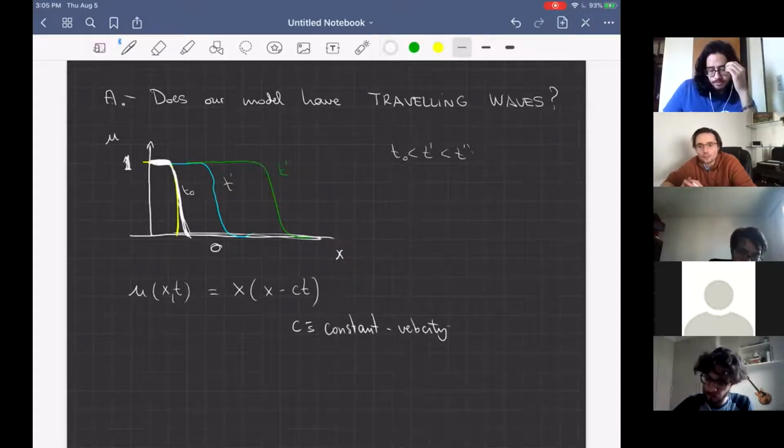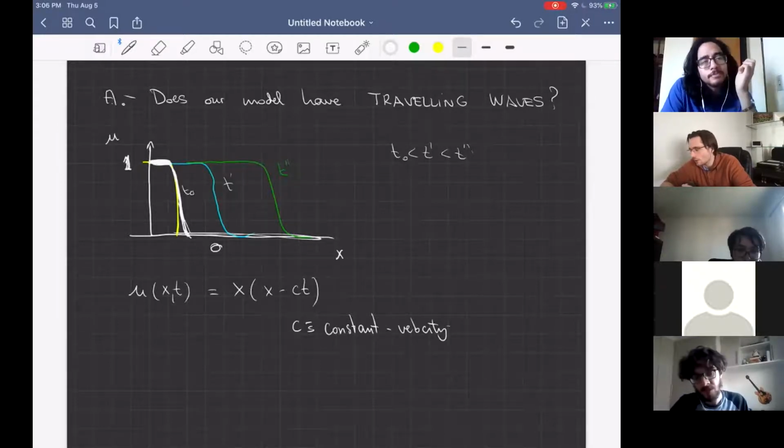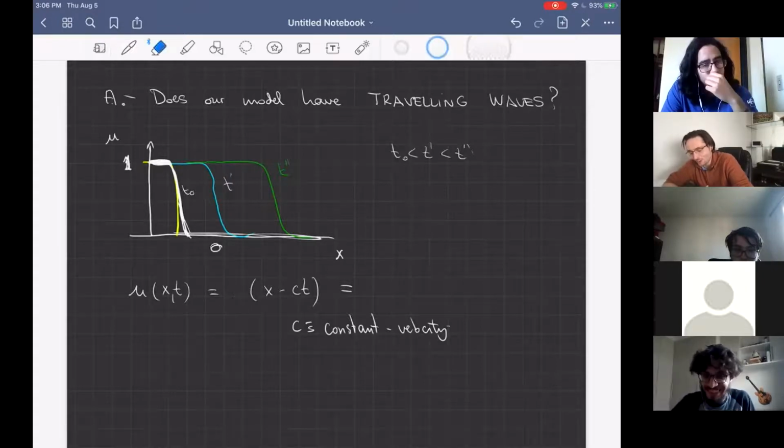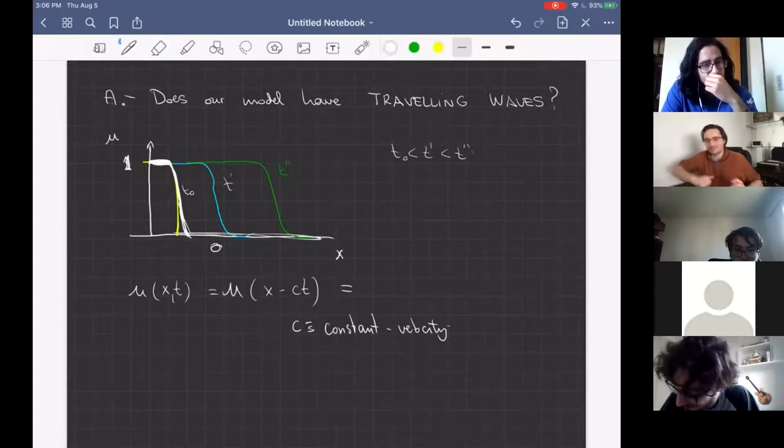That's the reason why I am talking about traveling waves, because I am going to test if my equation allows for wave-like solutions. Shouldn't it be u of x minus ct? Yes, perfect, Nicolas, thank you.